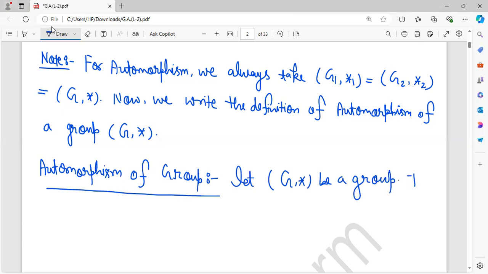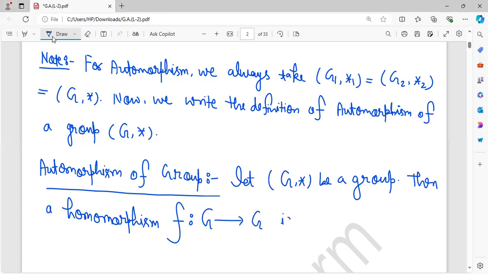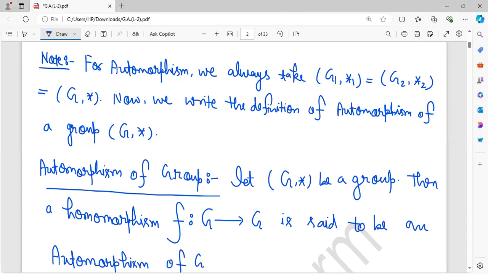Then a homomorphism F from G to G is said to be an automorphism of G if... So you should check here whether this is a homomorphism.